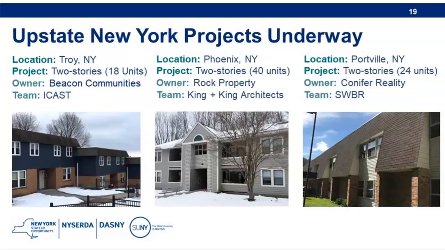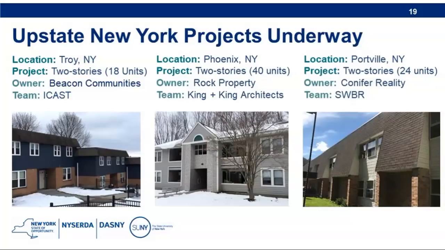We also have 3 projects upstate. These are all 2-story buildings throughout the state, as you can see, from the eastern side to the western, varying from 18 units to 40 units. And you can see we have a variety of owners involved in these projects, a variety of teams.